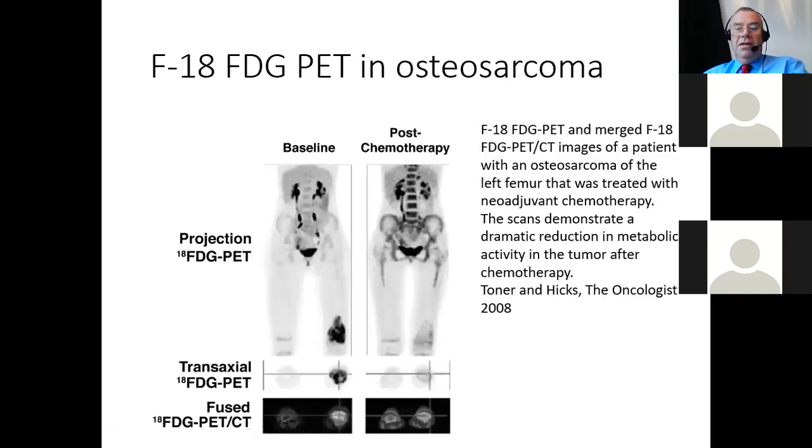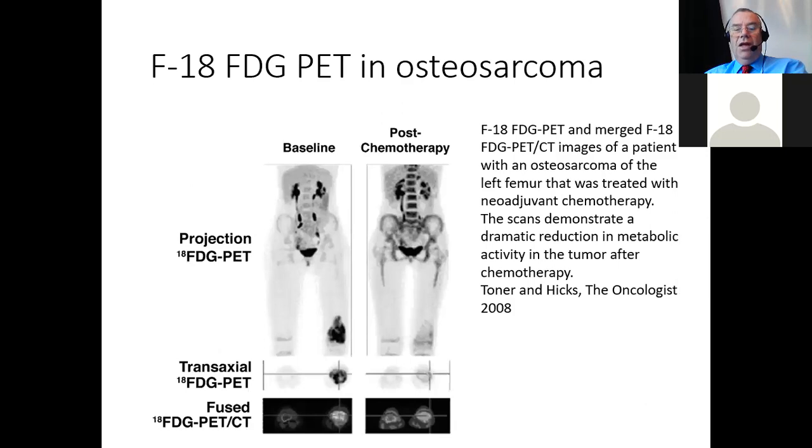So this is an illustration from a more recent paper, sorry, an older paper, but a slightly better paper. And this is from Peter McCallum Centre in Melbourne in Australia by George Toner and Rod Hicks. And what they were doing is they were looking at what you could see in terms of response to treatment.